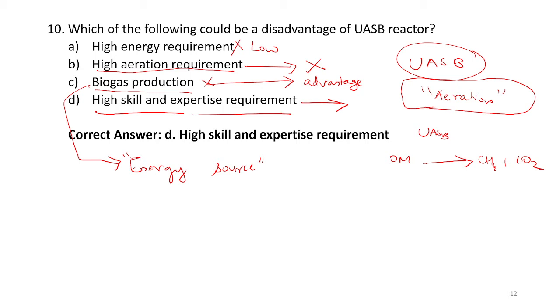So it is considered as a disadvantage. Aerobic treatment systems do not require this much high skill or expertise for operation. So this is a disadvantage. Hence option D is correct. Option D, high skill and expertise requirement, is the correct answer for this question.